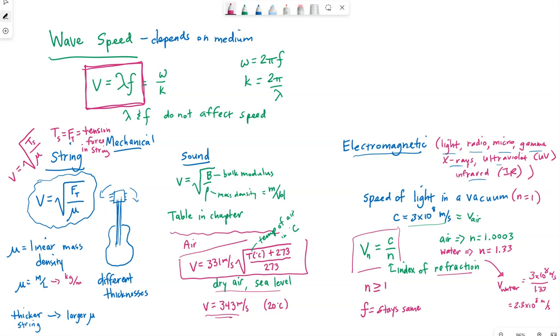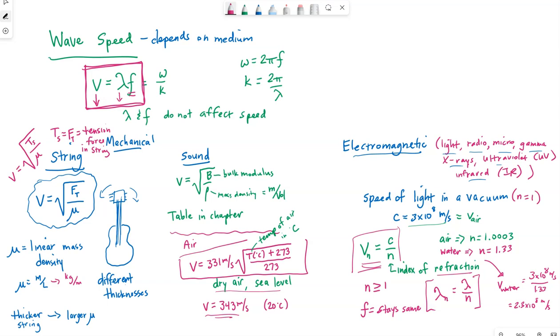The frequency does not. So if the speed has gone down as the light enters water, but frequency is the same, then the wavelength has to go down as well to maintain that equality. We find that the wavelength of whatever electromagnetic wave we're talking about will also decrease by the same amount as the speed of the wave as it enters a new medium.